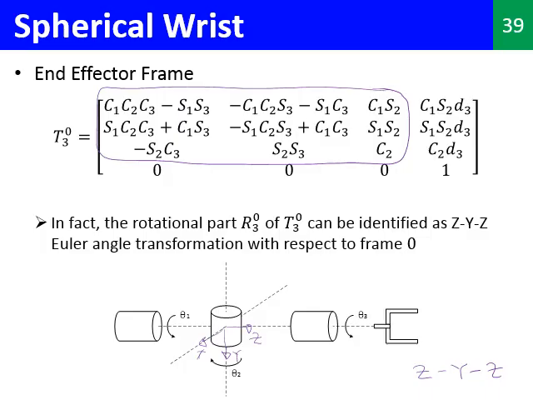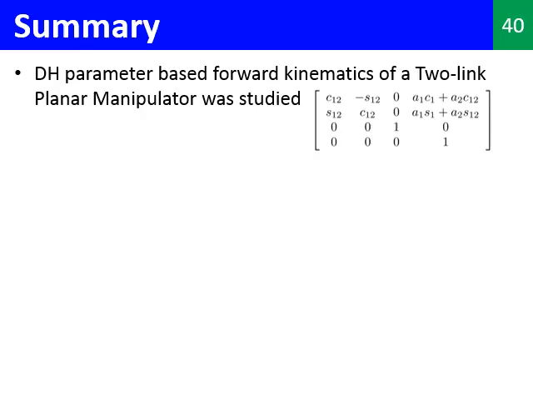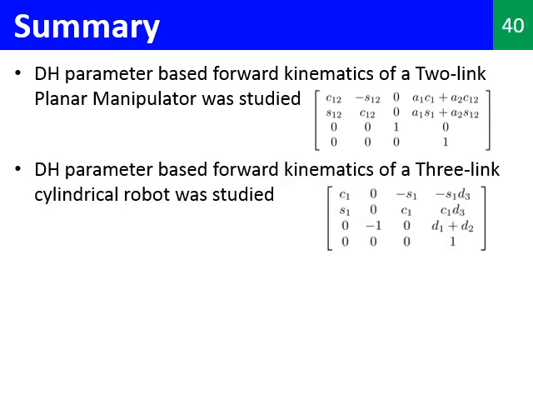Okay, with that we have come to the end of this lecture, and let me summarize what we studied. First we looked at a 2-link planar manipulator and we derived the DH table, and using the DH table we obtained the end effector homogeneous transformation matrix. Next we looked at a 3-link cylindrical manipulator.